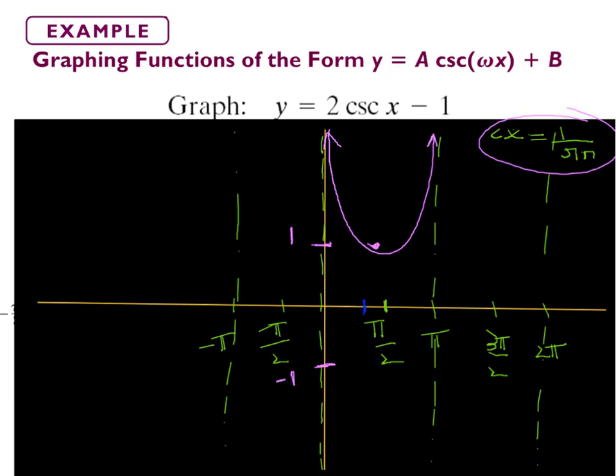At 3 pi over 2, exactly. It's when the sine is negative 1. So it looks like that. And then of course it just repeats everywhere after that.